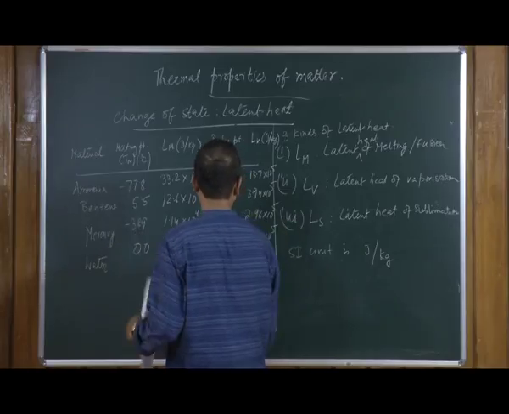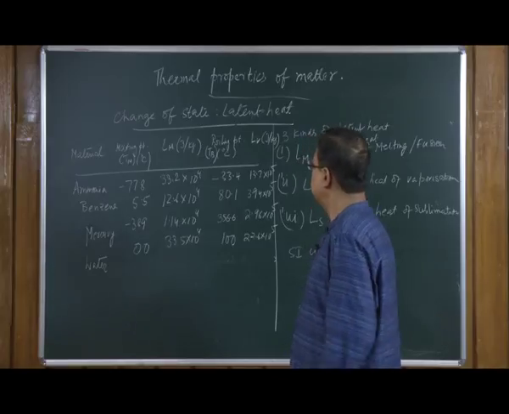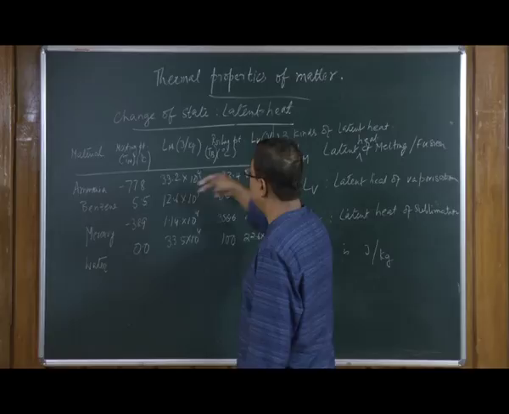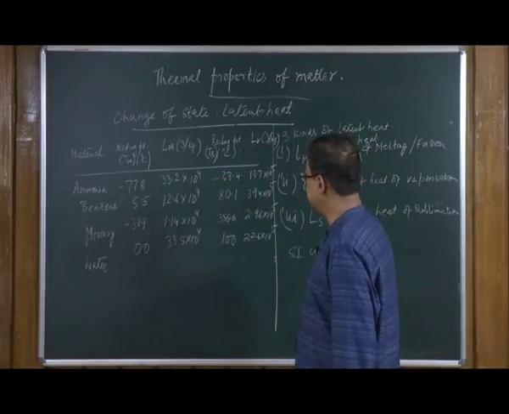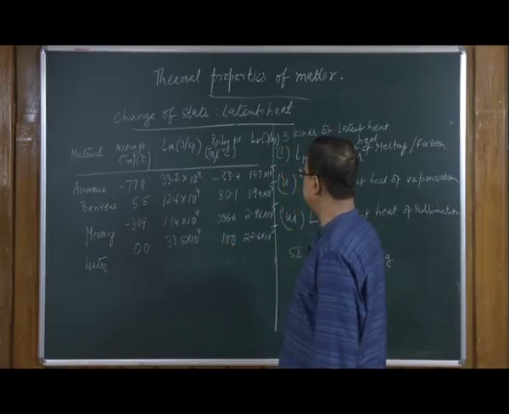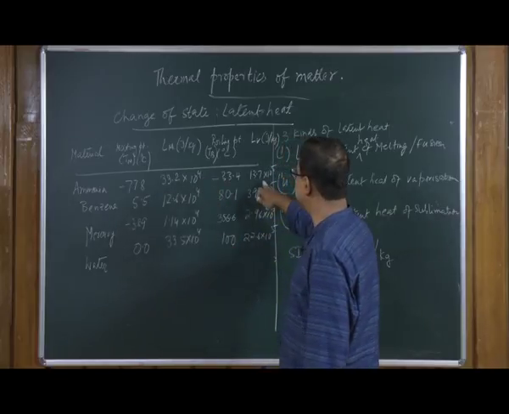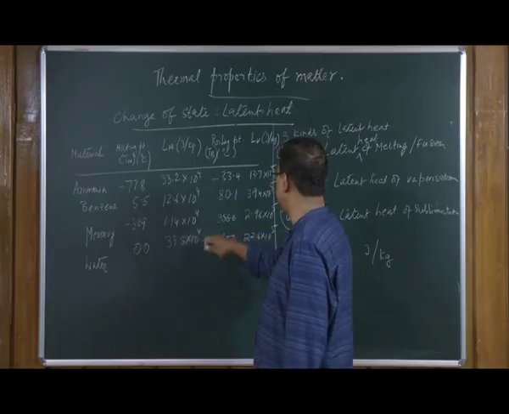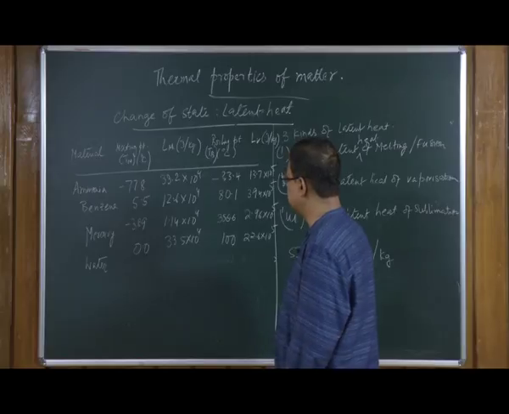One interesting thing that you can note here is that the order of magnitude for Lm and Lv for all these 4 liquids that we have considered is the same. That is, Lm, the latent heat of melting, is between 10 to the power 4 and 10 to the power 5, and Lv is between 10 to the power 5 and 10 to the power 6.